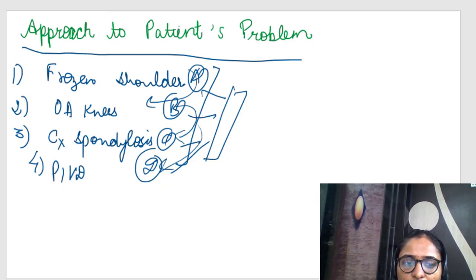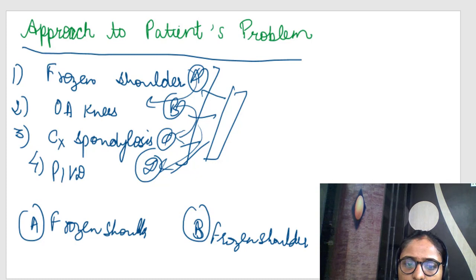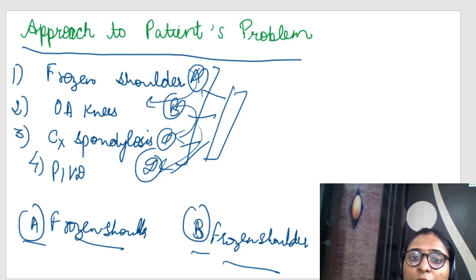And now if I talk about patients A and B, there are two patients who have the same problem. Let's suppose frozen shoulder only. These are two different individuals having frozen shoulder only, but here also you have to approach these two patients differently.